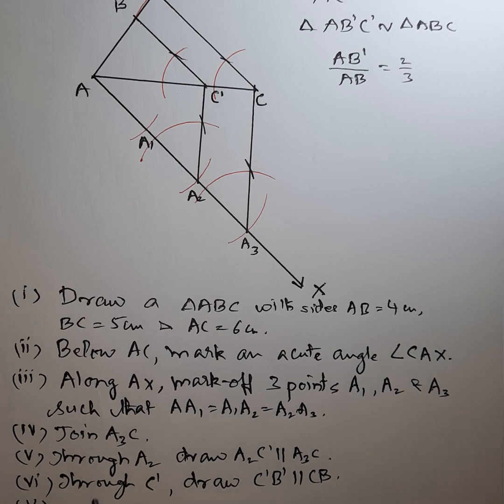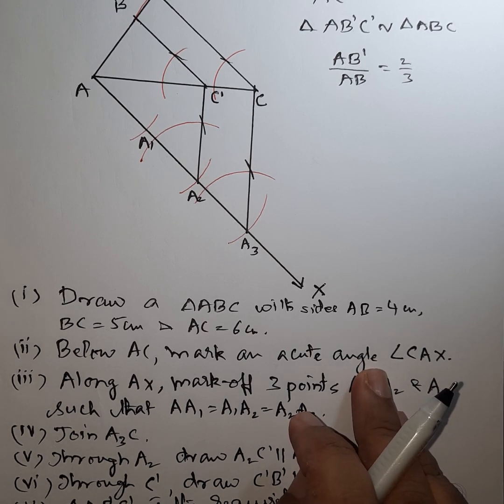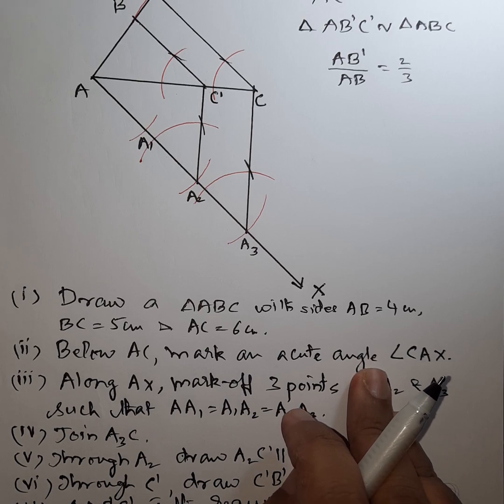Therefore, triangle A B dash C dash is the required triangle. Okay, so this is the first type, and the first type has two parts.